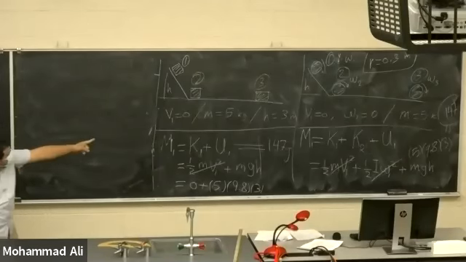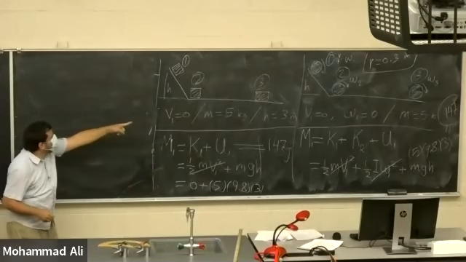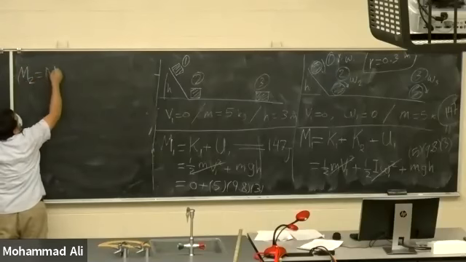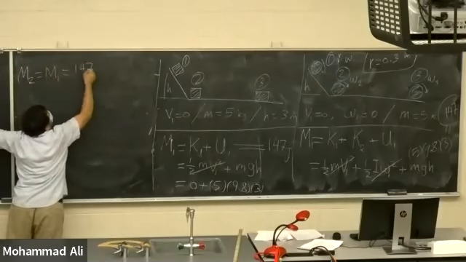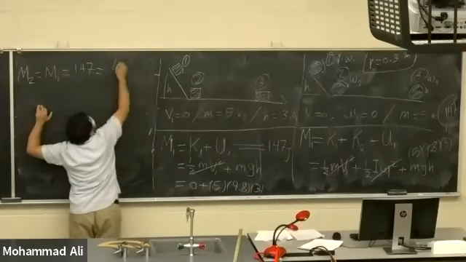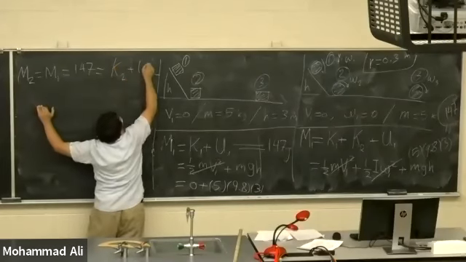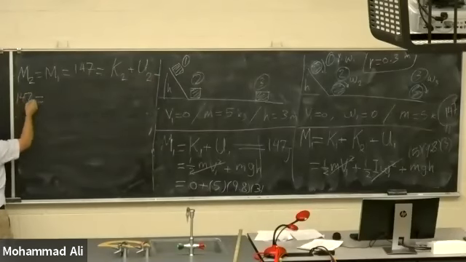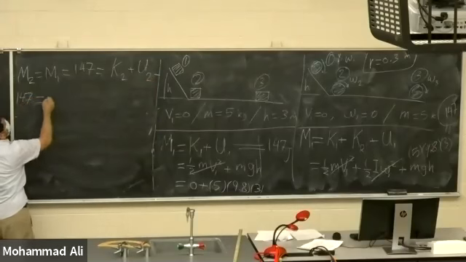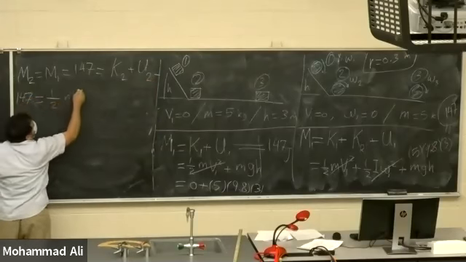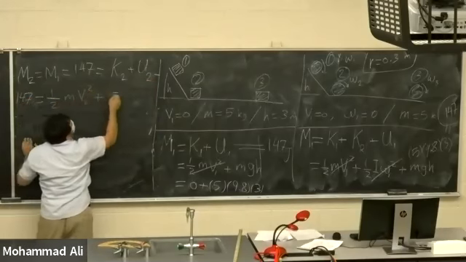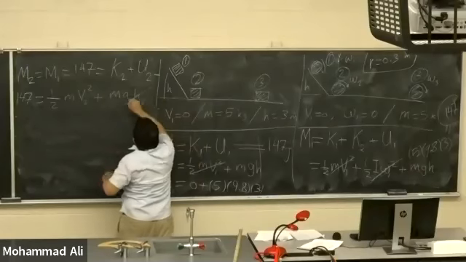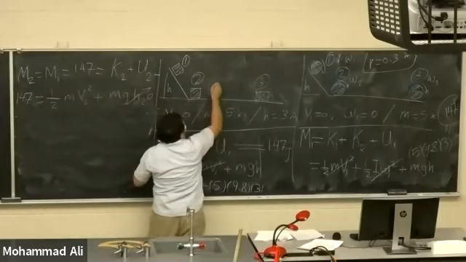Now I will solve for the first system at point number 2. The mechanical energy at point number 2 is the same as at point number 1, which is 147, which is equal to the kinetic energy at point number 2 plus the potential energy at point number 2. This will be equal to 147. The kinetic energy at point number 2 is 1/2 m v2 squared plus m g h at 2. H at 2 is 0, so the potential energy here is equal to 0.